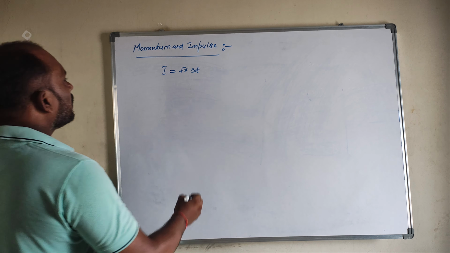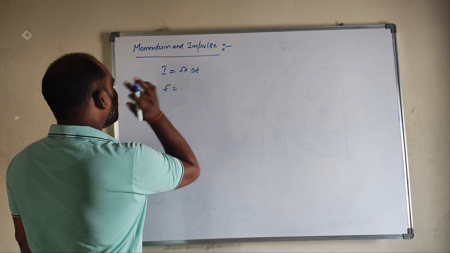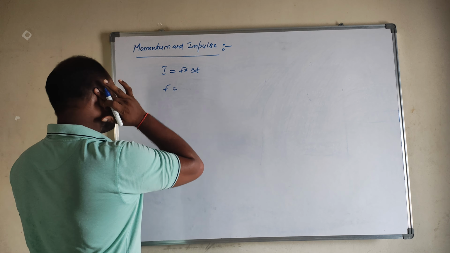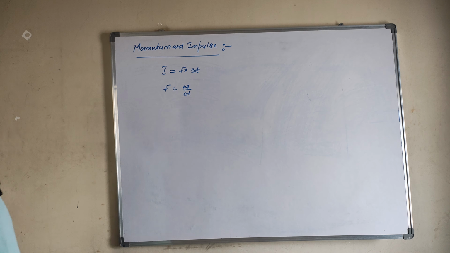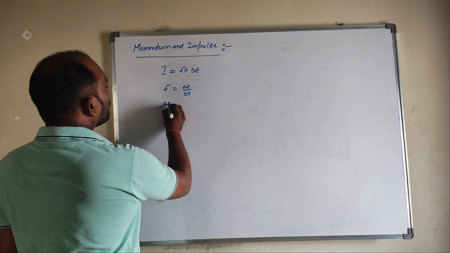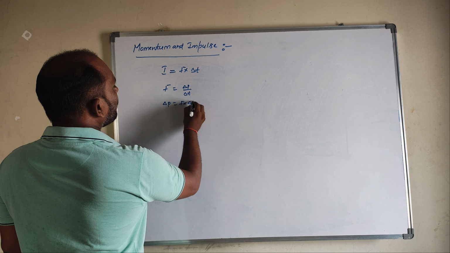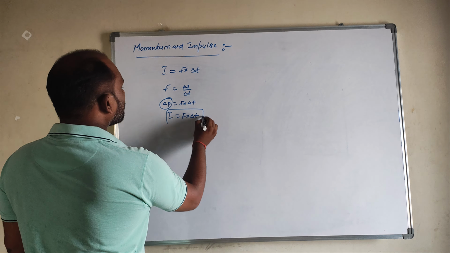We know that F is equal to delta p by delta t, according to Newton's second law. So delta p is equal to F into delta t. This delta p is called impulse, that is F into delta t.